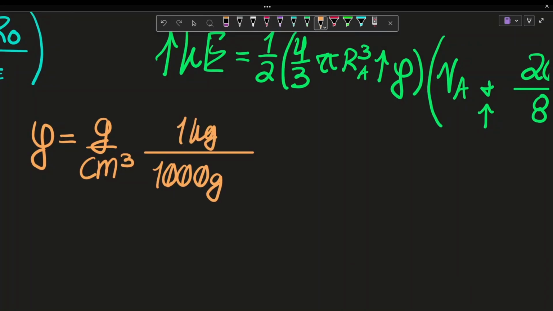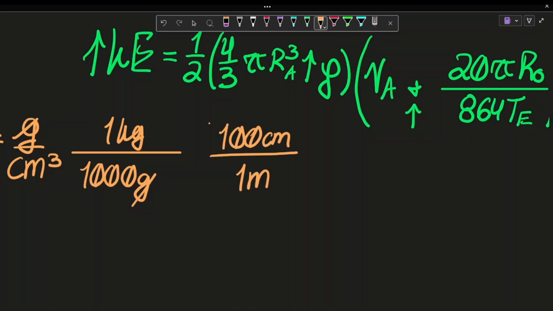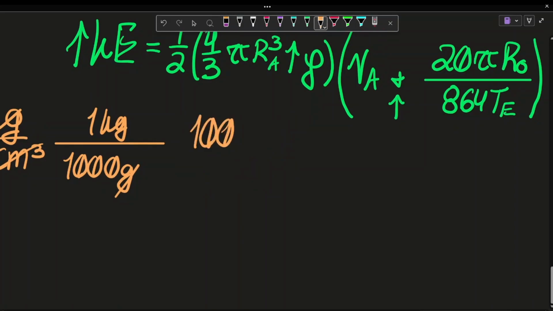So those cancel out. And then, of course, for every 100 centimeters, there's a meter. So then we can cube that. So we can kind of expand that out. This will be 100 cubed centimeters cubed over, of course, meters cubed.